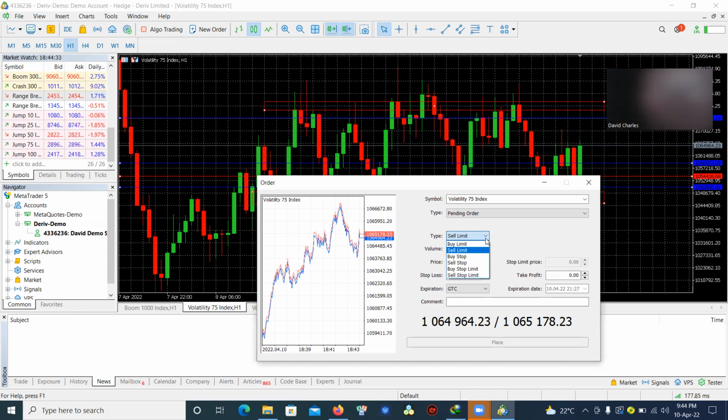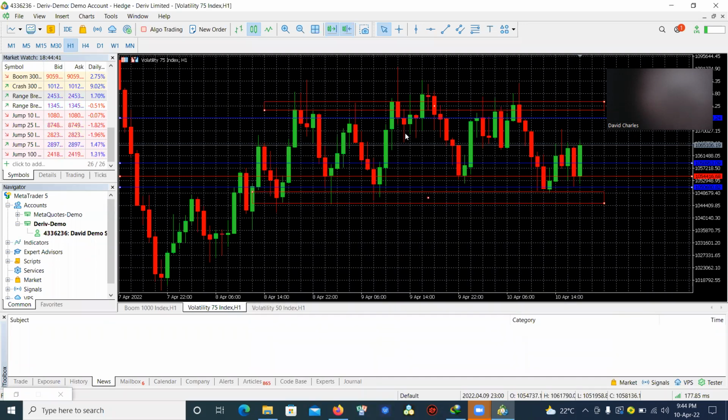Okay. Now the other bit is the sell stop. Sell stop is basically when I told you about this trap here. This is the highest point for this candle, not this range. If you are here and you are setting a sell limit, this is the highest point, so you can set it here and it will be triggered.